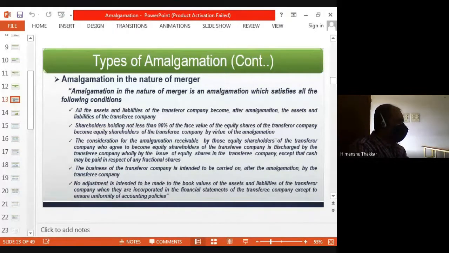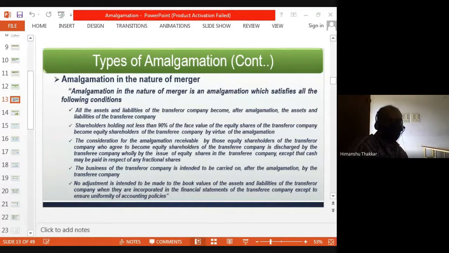So as per the second condition, 90% of the face value in shares should be given to the existing shareholders, minimum 90%. Whatever your existing share capital is, 90% of the face value should be given by the transferee company to the shareholders of the transferor company. Second condition.